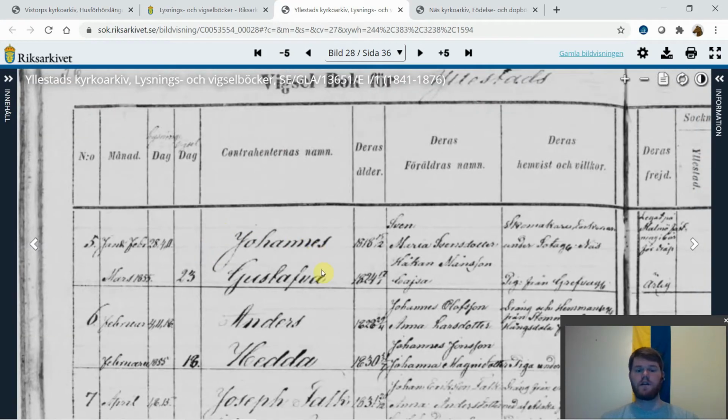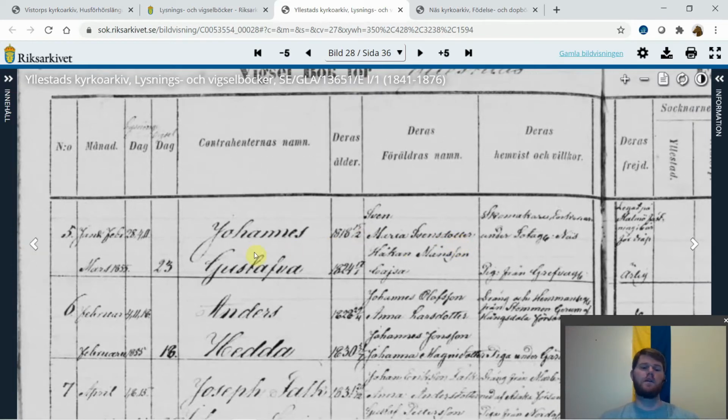Here they are, Johannes and Gustava. So that's the basics of how to go about finding individuals in a marriage book. Hopefully it'll be very straightforward, where you don't have to deal with these related parishes or ones in different books or different places. But either way, you'll be able to get to it.